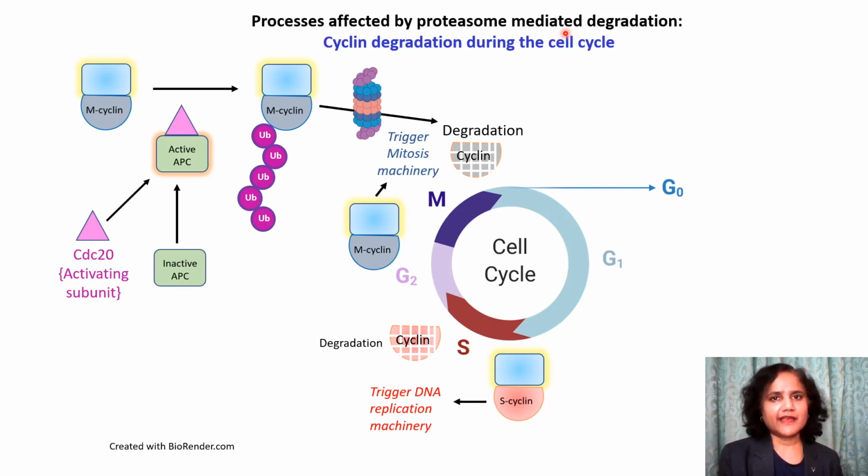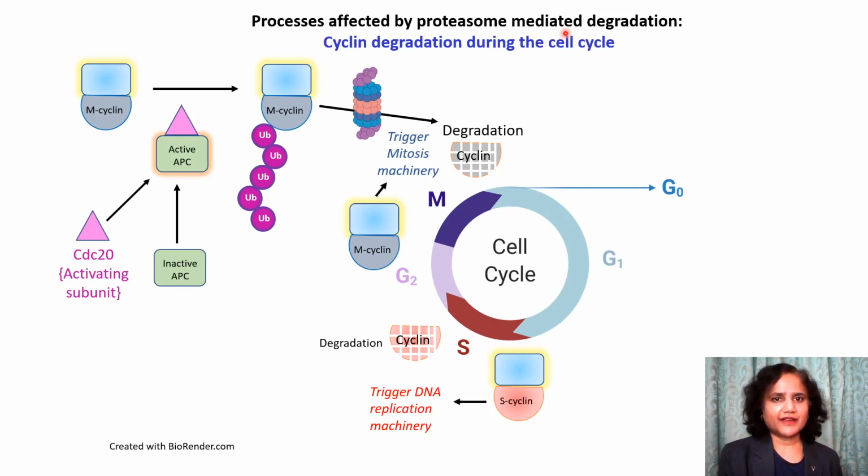Separase is an enzyme that cleaves cohesin. Cohesin is a complex that holds sister chromatids together, and upon cleavage of cohesin, the sister chromatids can separate from each other, and hence the metaphase to anaphase transition is facilitated.